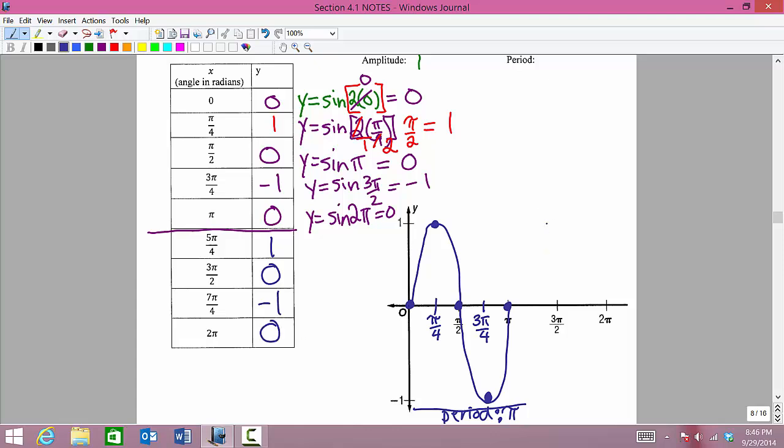So we would actually be able to graph 2 periods, 2 cycles of our sine function in the same space that we graphed one cycle of the complete sine function before. So we see that we actually have 2 cycles and now our period is pi.